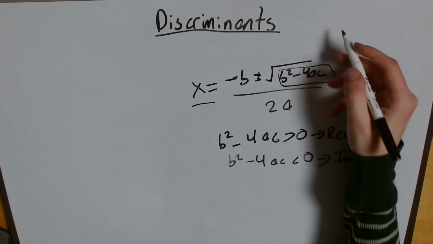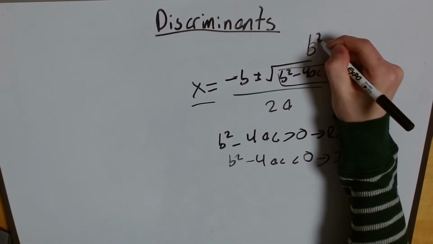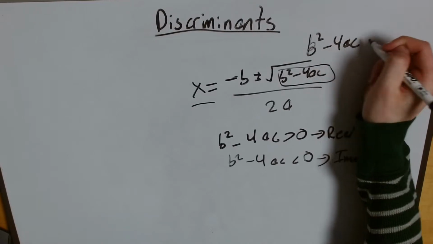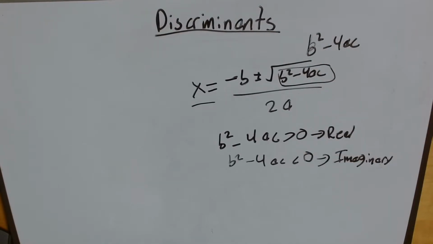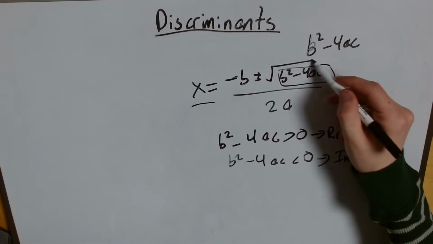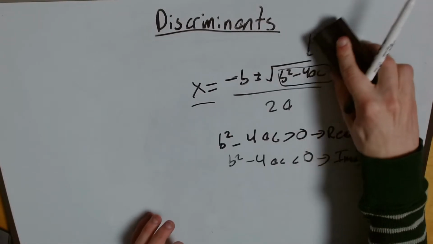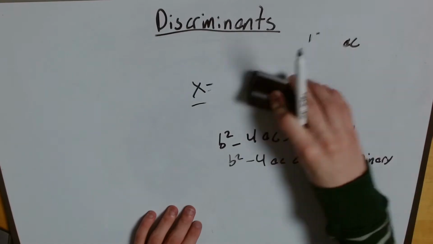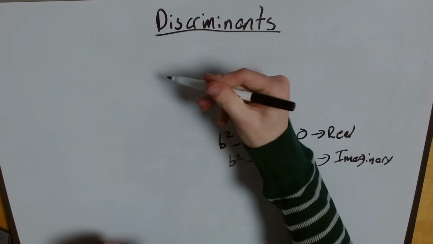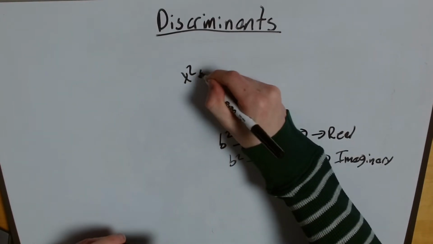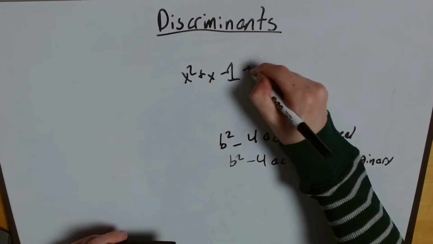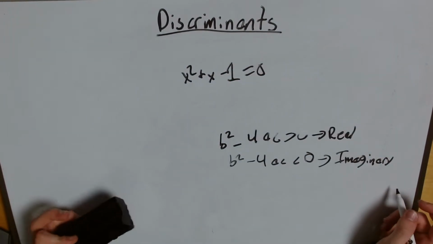So whenever I'm looking at a quadratic, I can just look at this b squared minus 4ac and say, okay, let me plug those values in. Is that greater than 0? Okay, it's real. Is that less than 0? Okay, it's imaginary. For example, if I was given something like x squared plus x minus 1 equals 0, does that have real solutions?